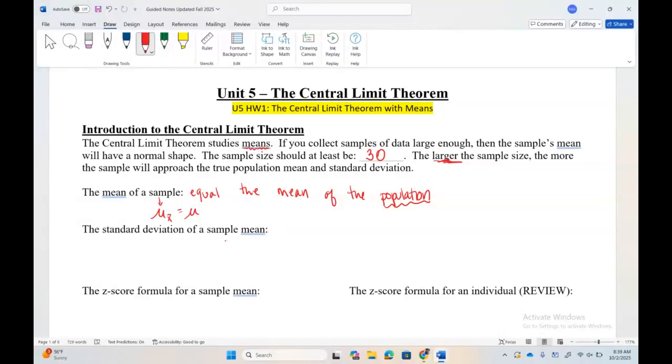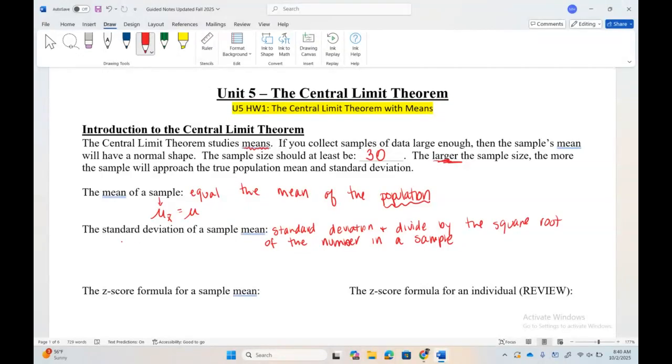The standard deviation of a sample is a little bit different. What we're going to do is take the standard deviation and divide by the square root of the number in a sample.